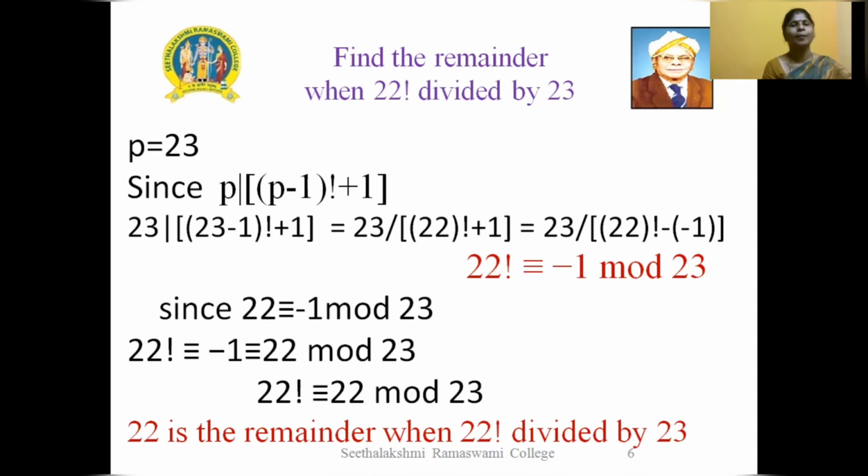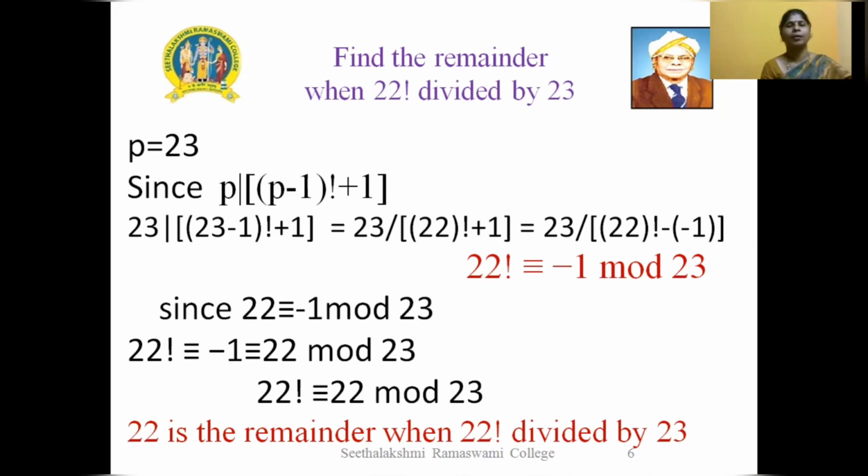That implies P divides P minus 1 factorial plus 1, so 23 divides 23 minus 1 factorial plus 1, so 23 divides 22 factorial plus 1. It can be written as 23 divides 22 factorial minus of minus 1.